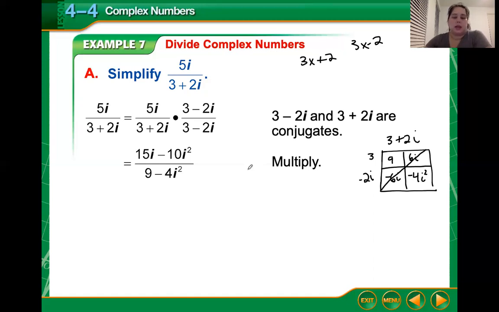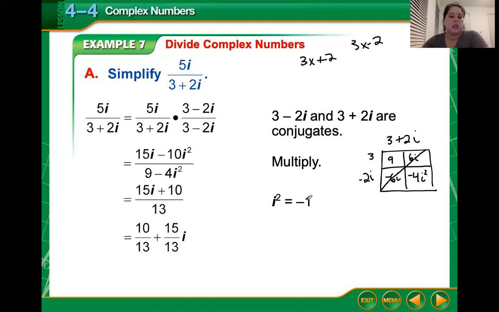So that's how we get 9 minus 4i squared. In the numerator, we do 5i times 3 and 5i times negative 2i, to get 15i minus 10i squared. When we simplify this, because we know i squared is negative 1, we end up with 15i plus 10 over 13.